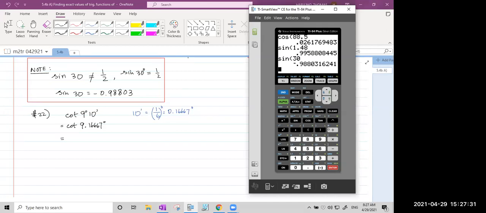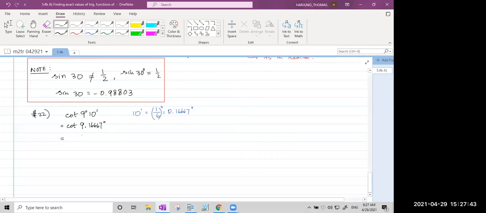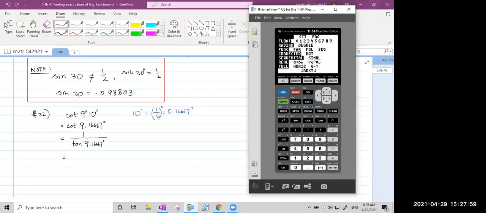That's why we call sine, cosine, tangent the primary trig functions. Secant, cosecant, cotangent are just secondary. In other words, if you need to deal with the secondary trig functions, change it to one of the primary ones first. Then you use your calculator. This is in degrees, so I need to change my mode first.